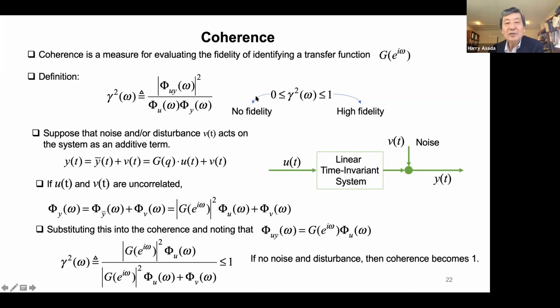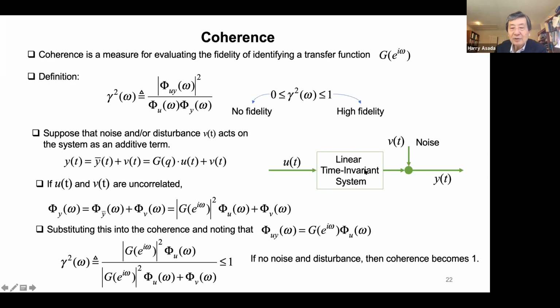It is a function of omega, so you can say in which regions of frequency omega you get high fidelity, and in which regions you don't. So you get some kind of quality assurance with respect to your transfer function.